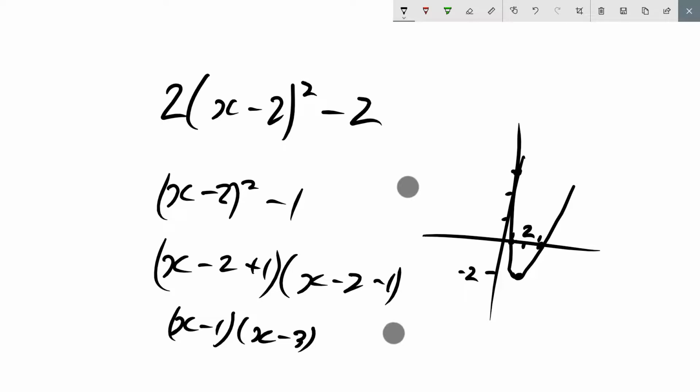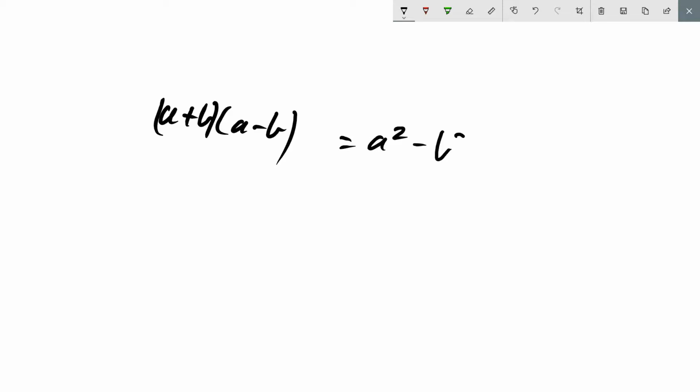So what did I just do here? What I've done is that I've realized that because this is a minus out here, I can actually put it back into the bracket by realizing that this is a difference of two squares type of thing. You have a plus b instead of a minus b. That's going to become a squared minus b squared.